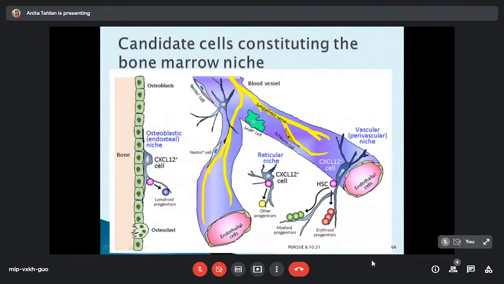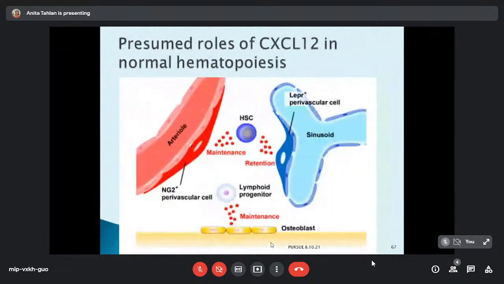All these niches have one cell in common. So which are the cells which constitute them? Probably the CXCL12 positive cell, because it is seen in the osteoblastic, reticular, and the perivascular niche. In addition to these CXCL12 positive cells, we have nestin positive cells, we have LepR positive cells, and we also have Schwann cells. Out of all these cells, CXCL12 positive reticular cells are the more frequent ones.